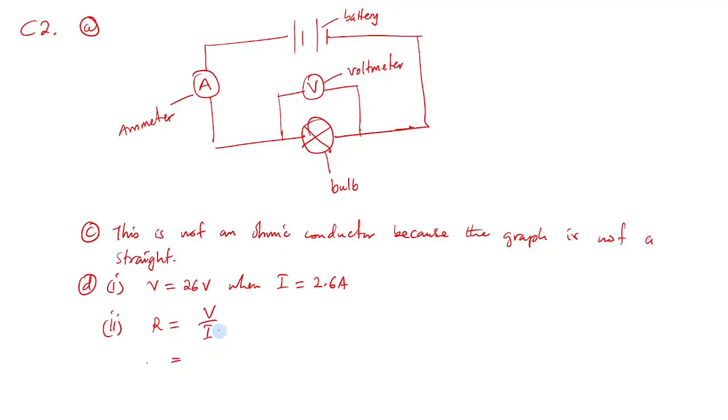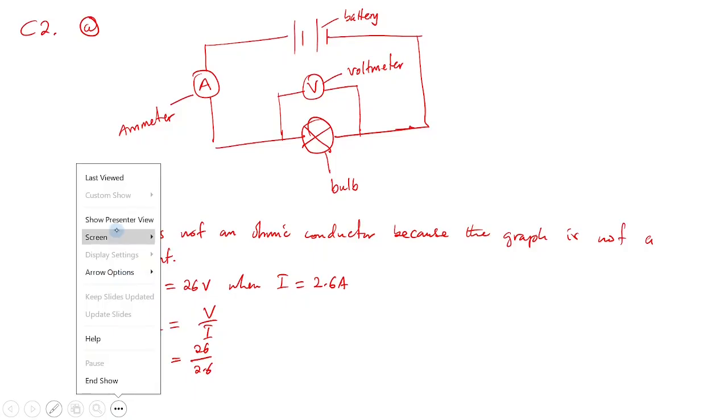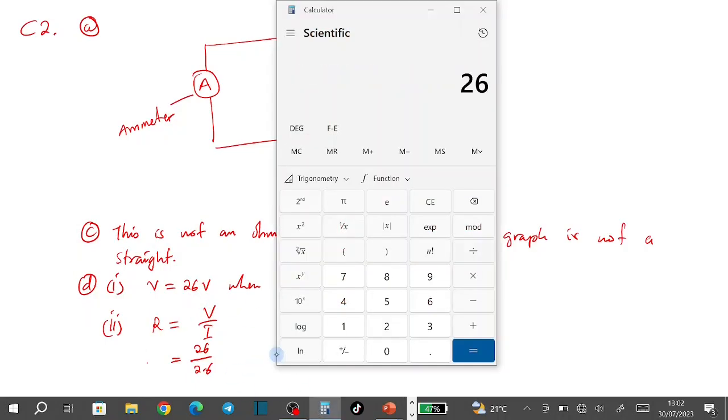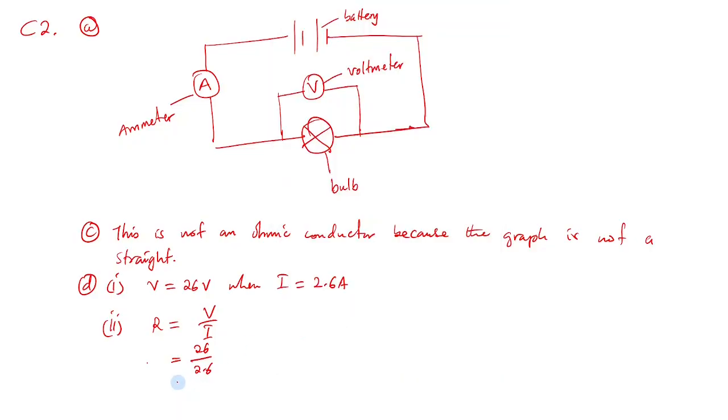So we found that the voltage was 26 divided by current 2.6, which will give us 10. So the resistance will be 10 ohms.